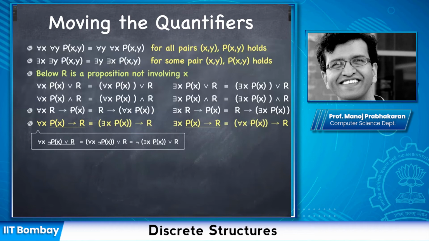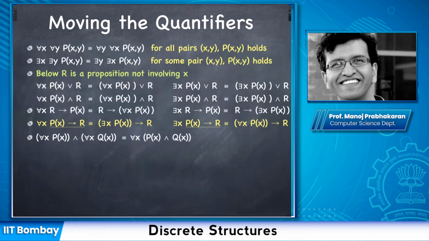And here is something which maybe is exactly analogous to this, but again could be a little delicate to understand in English, right? So this is saying there exists x, if Px then R, is the same as for all x Px, if for all x Px then R. And you should also, of course, try deriving this exactly following this template.